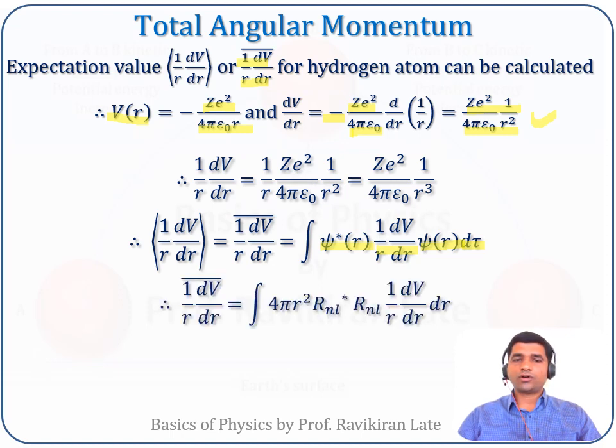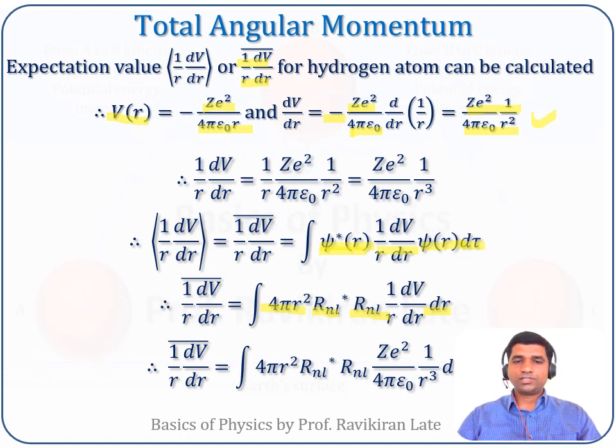Now we know that for a hydrogen atom, psi can be written in terms of R nl and the theta and phi parts. We had seen in our earlier lecture what the wave functions for a hydrogen atom are. The theta and phi part for a hydrogen atom will straightforwardly give 4 pi r square, and it will give R nl star into R nl into 1 upon r dV by dr into dr.